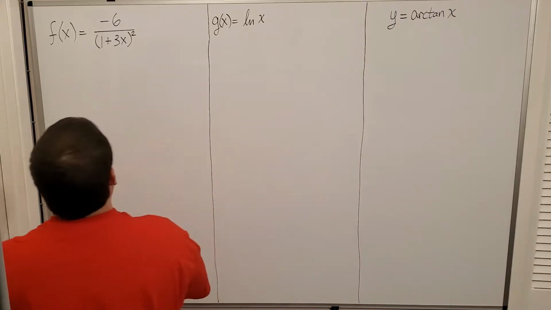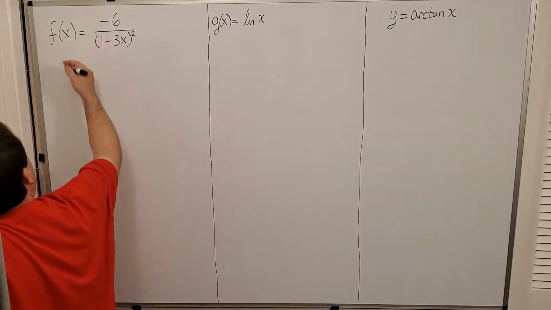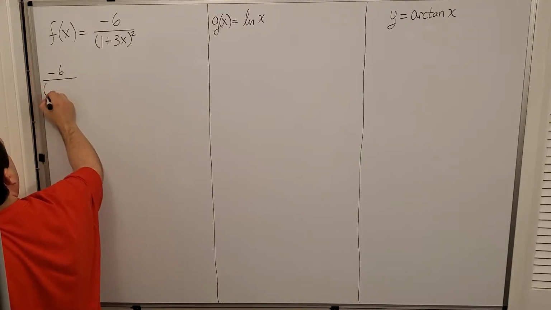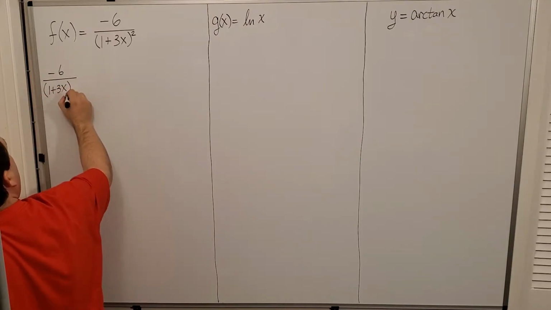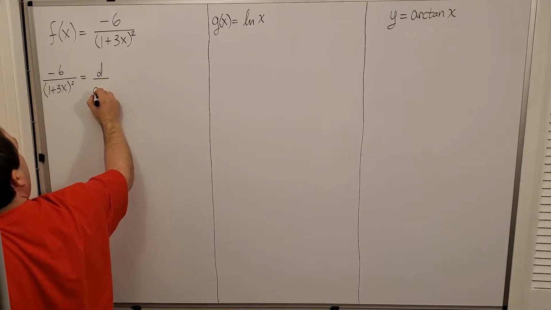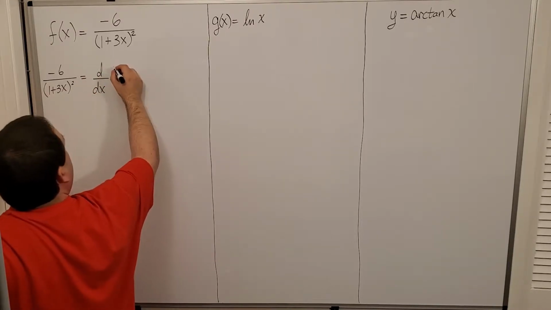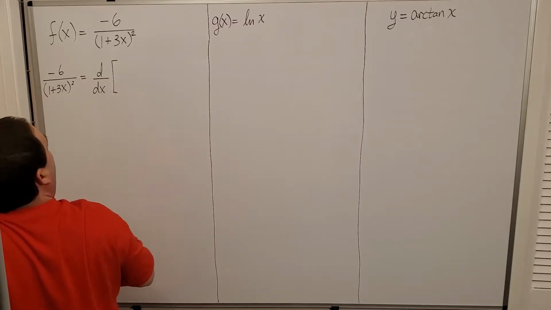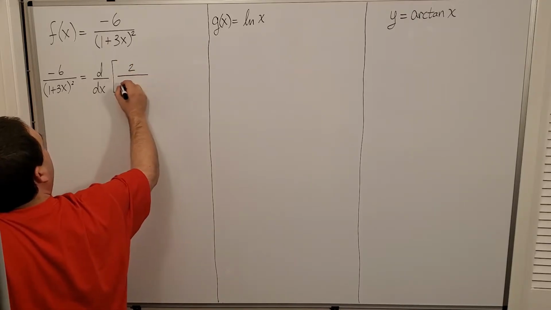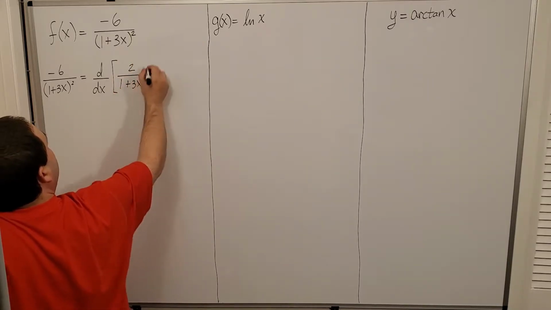So notice that -6 over 1 plus 3x quantity squared is equal to the derivative with respect to x of 2 over 1 plus 3x.